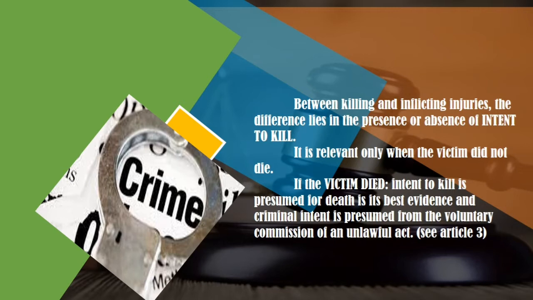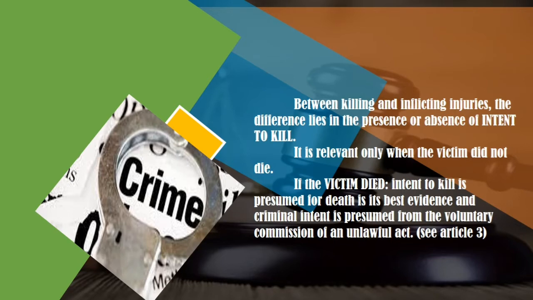Death is its best evidence, and criminal intent is presumed from the voluntary commission of an unlawful act. So remember, class, that the intent to kill is only relevant if the victim did not die. However, if the victim died, the death of the person is the best evidence of the intent to kill.